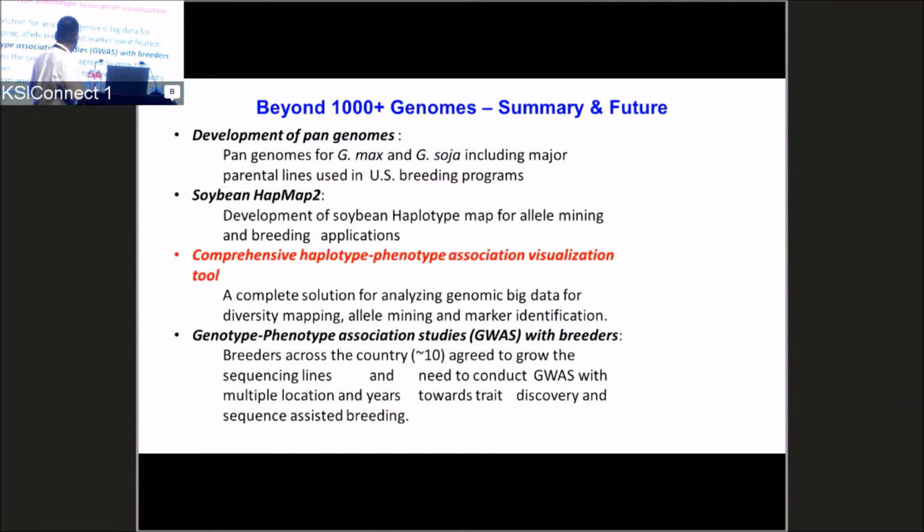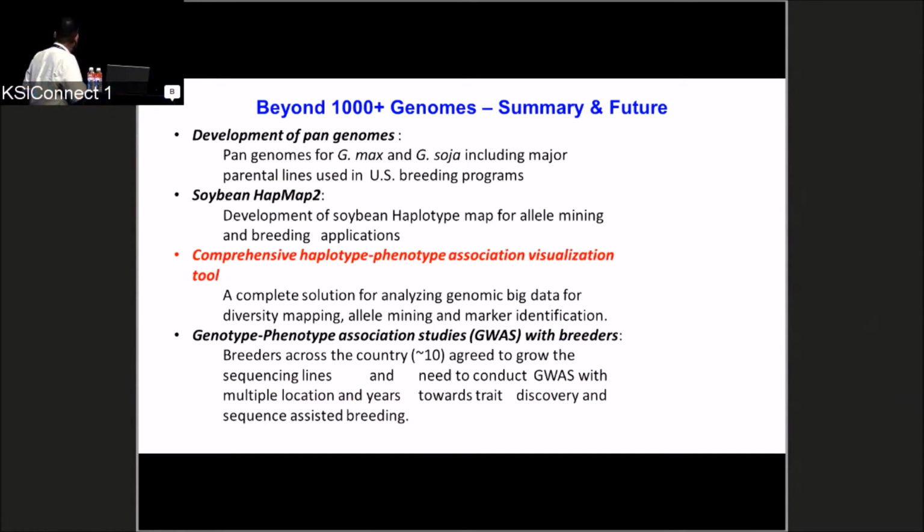So what next? We want to go a little further on the soybean genome and make a haplotype map. We will use that haplotype map to dissect traits like root system architecture or other drought-related traits, find the specific alleles, and use those alleles for further research.